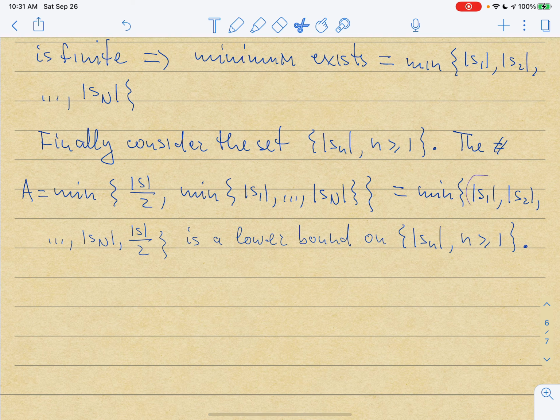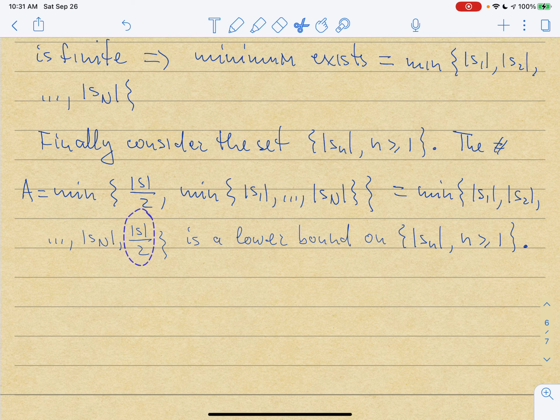Any of these numbers, S1, S2, all the way up to SN, none of these numbers are equal to 0 because we assume that the sequence consists of numbers which are not equal to 0. And the limit S is also not equal to 0, so this is not equal to 0.